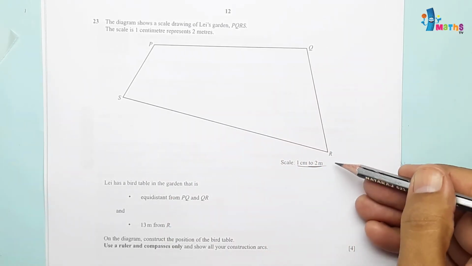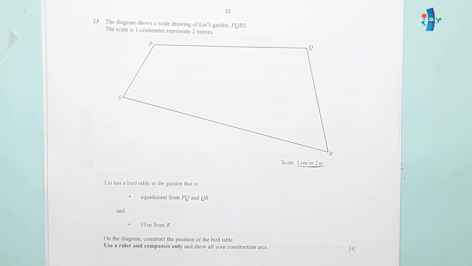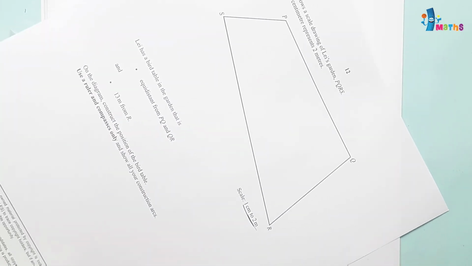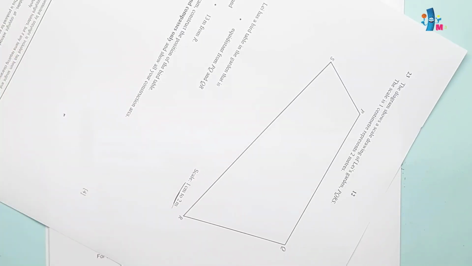PQ and QR, equidistant. It means we have to find the angle bisector of PQ and QR. So we will be finding the angle bisector for this side.